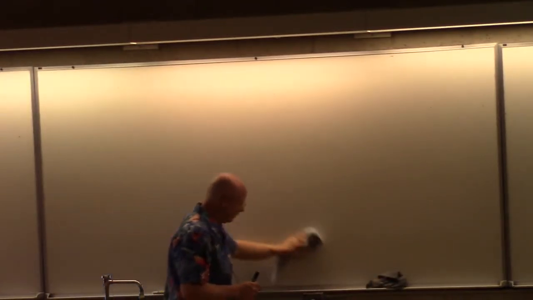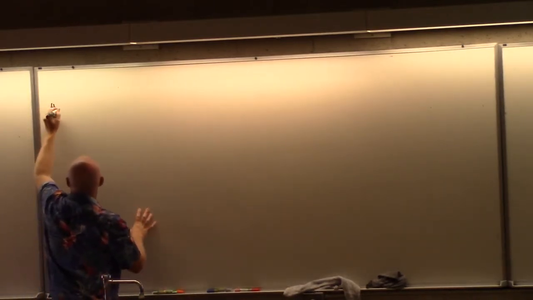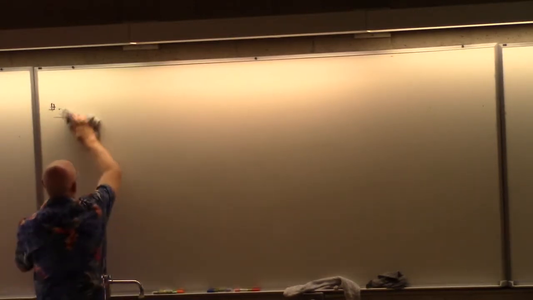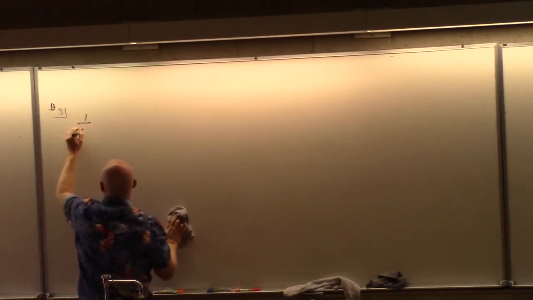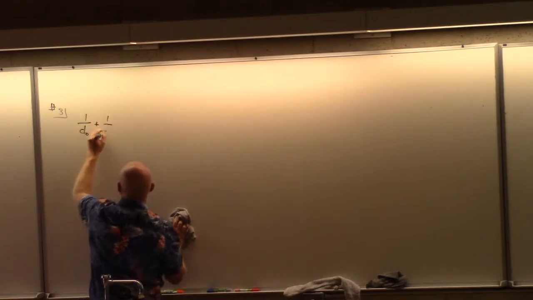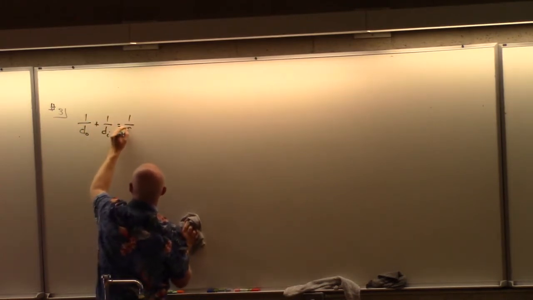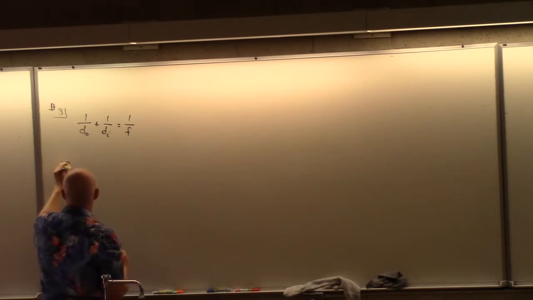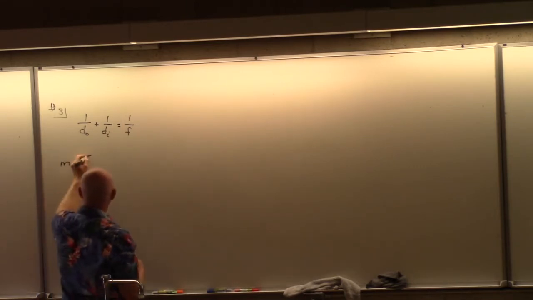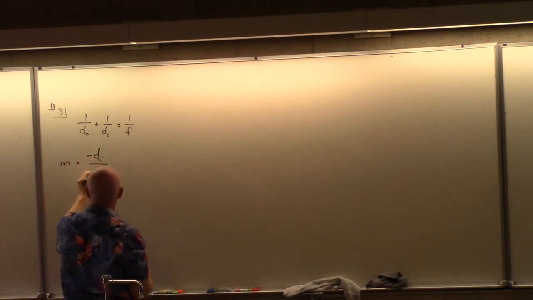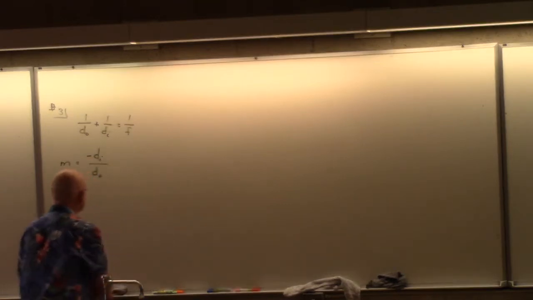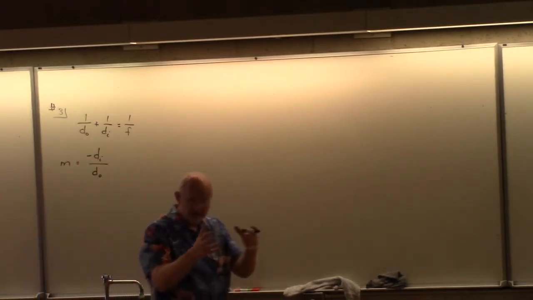Right now we're doing all case 1 stuff, so all positive numbers here. If I was trying to solve this problem, the first thing I would write is 1 over the object distance plus 1 over the image distance is 1 over the focal length, and the magnification is negative the image distance over the object distance. Those are my 2 fundamental equations here.